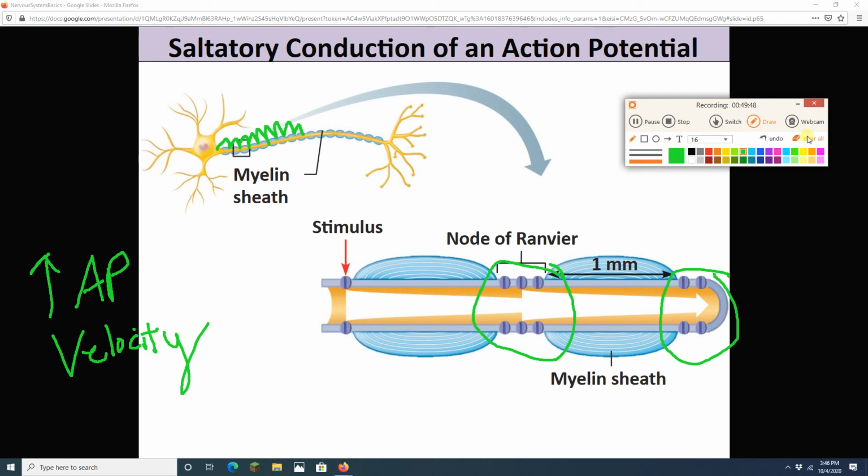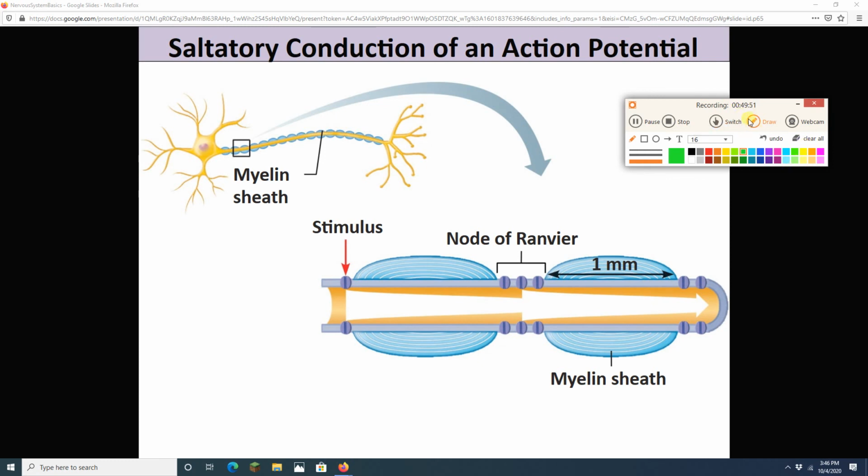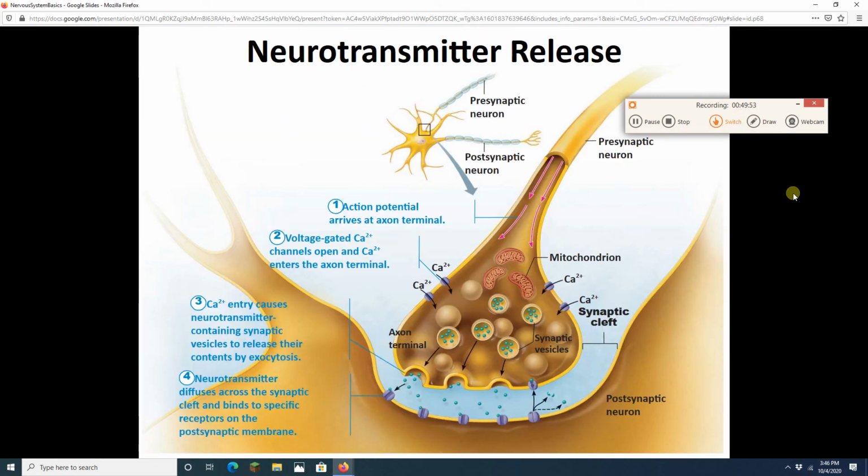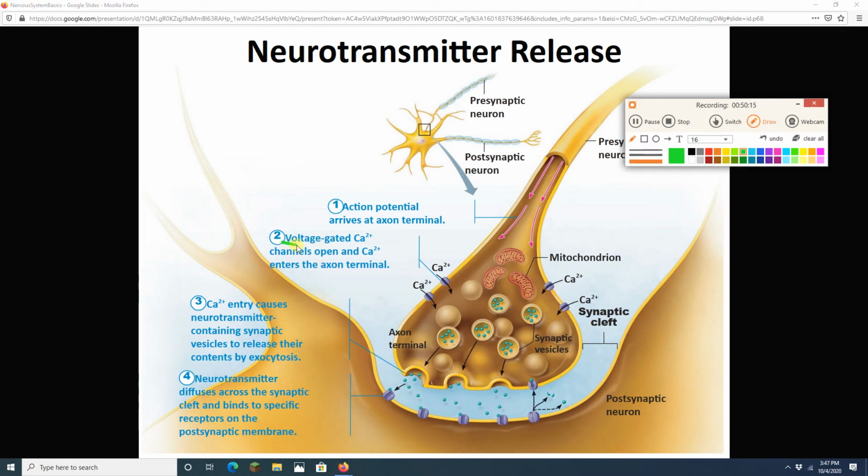All right, so we've got continuous versus saltatory conduction. That is great. Let's now figure out what happens when the action potential, that wave of depolarization, repolarization, and hyperpolarization, gets to the axon terminal. When we depolarize the axon terminal, now the axon terminal has special channels. It has voltage gated calcium channels. When the action potential gets here, this is going to cause these channels to open.